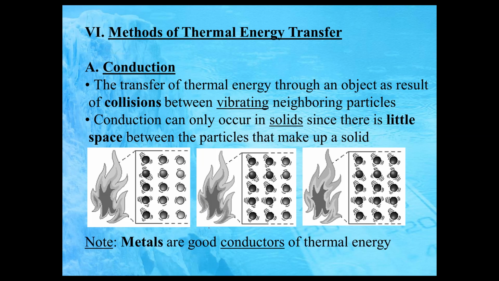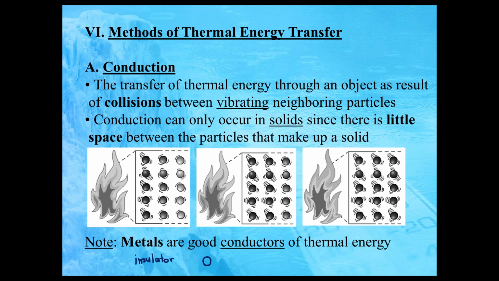Another note is that metals are identified to be good conductors of thermal energy. Good heat conductors are ones that are very effective or efficient at transferring thermal energy from one particle to another. Now, to compare that with an object called an insulator, insulating objects can also be solids.